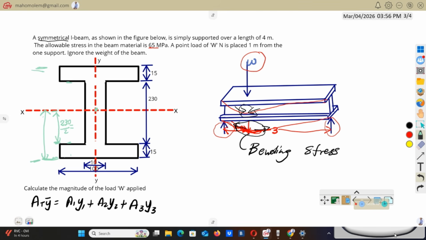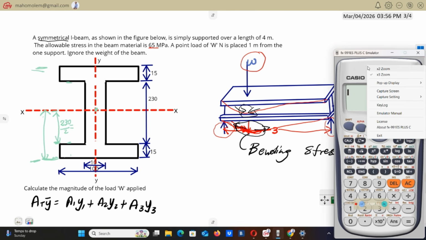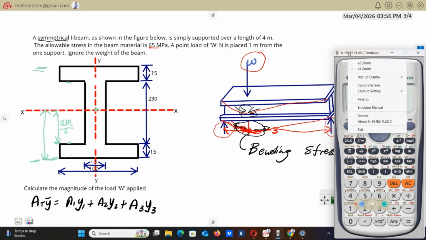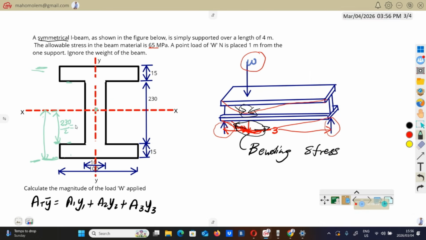Okay, let me just use the calculator. 115. So 115 is from here to there.